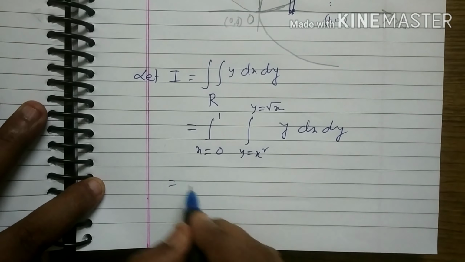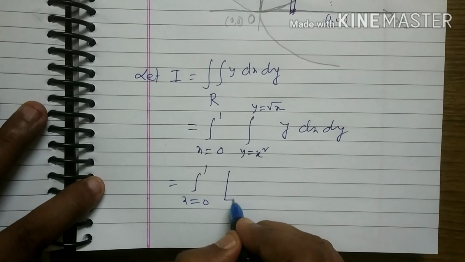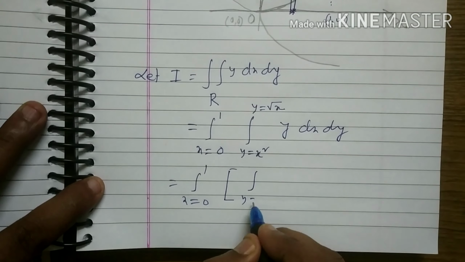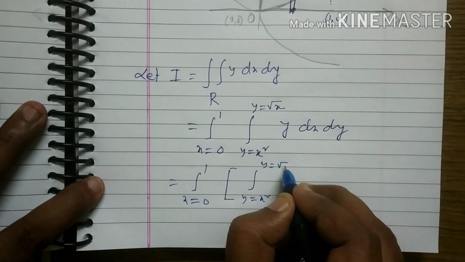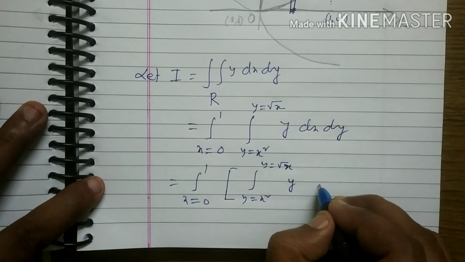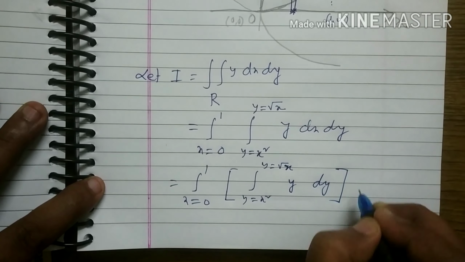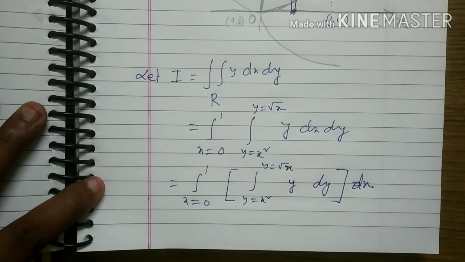Clear? So I should write x equals 0 to 1, y equals x squared to y equals root x, y dy equals dx. Is it clear?